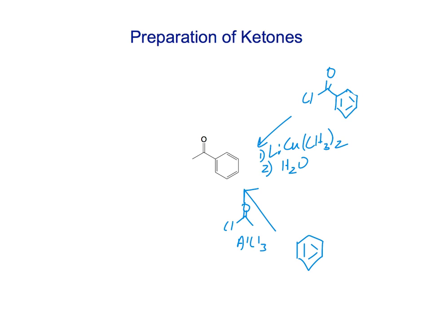We could definitely oxidize a secondary alcohol. Right, and here we could use PCC again, or any of those chromium reagents as well, say chromium trioxide and sulfuric acid. Anything else?